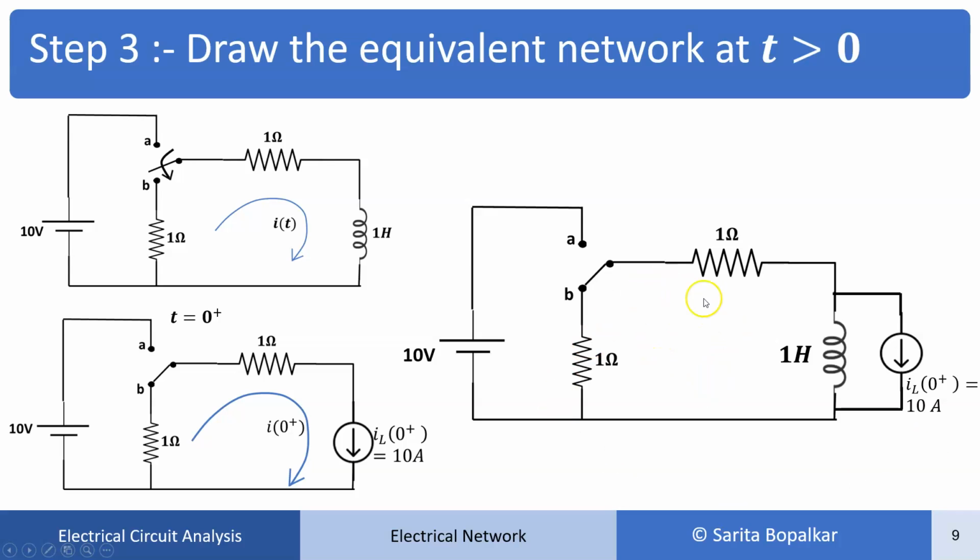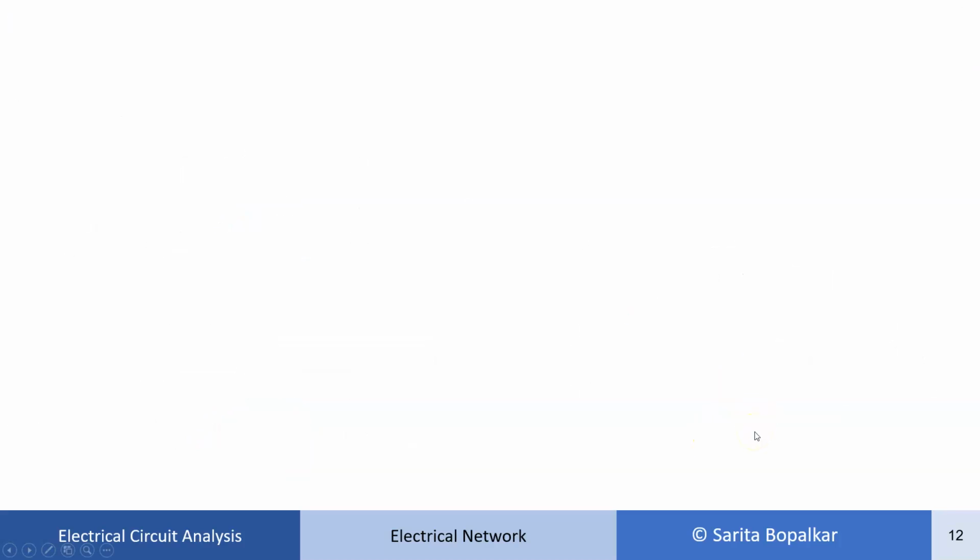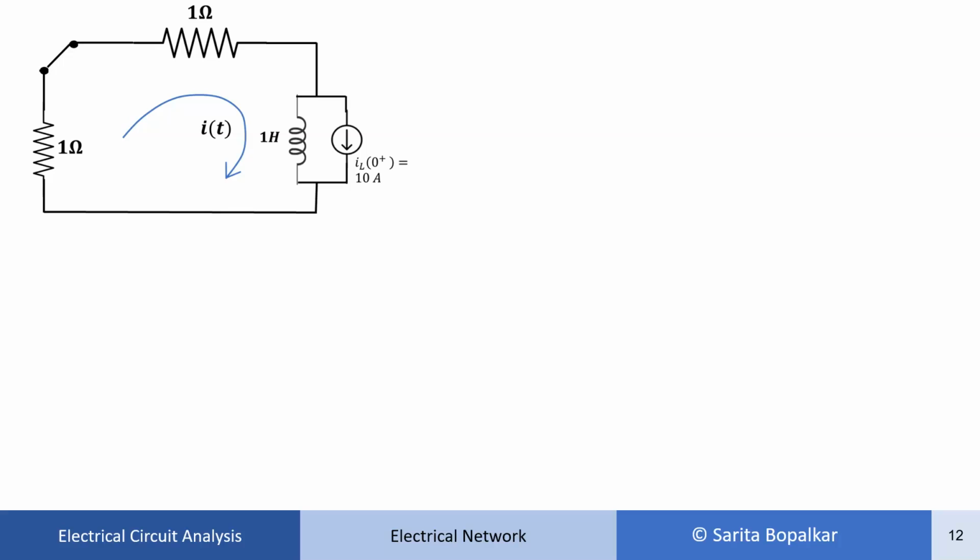Now we can apply KVL here to find i(t). We'll take that circuit again, the equivalent network for t greater than 0, and apply KVL. So minus 1 i(t) minus 1 i(t) minus L di/dt is equal to 0. Within this loop, three elements are there, these two resistors and this inductor.